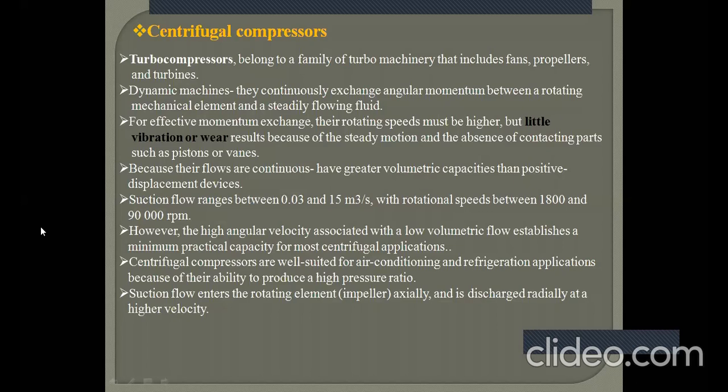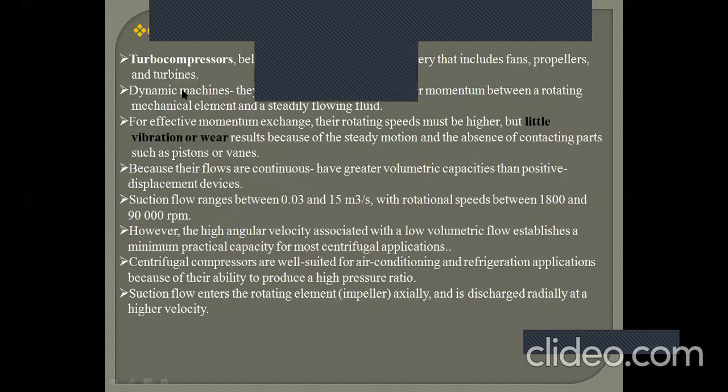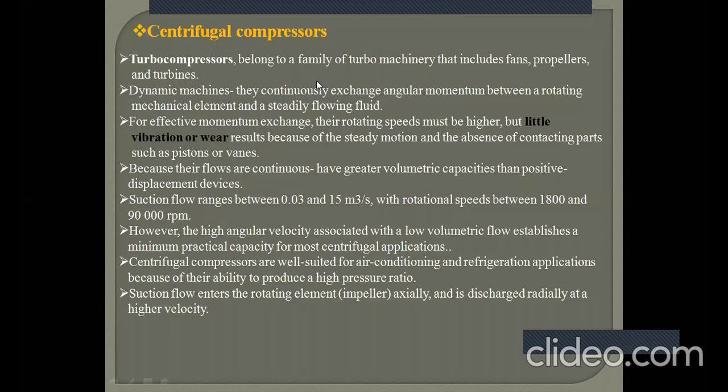So the important feature of this compressor is little vibration and wear because of the rotating motion, as it is a turbo machine. Less vibration, less wear, that's why more life. Because their flows are continuous, they have greater volumetric capacity than positive displacement devices.